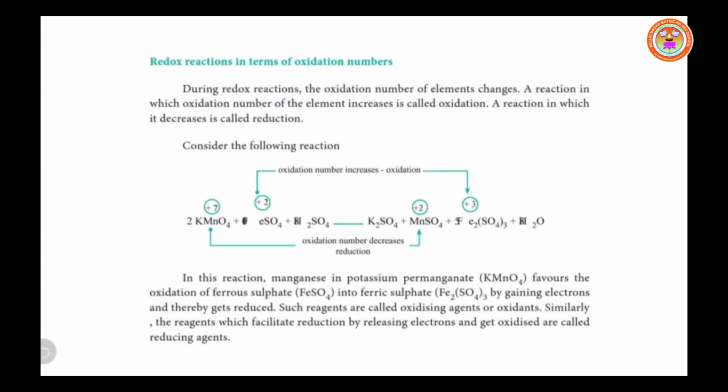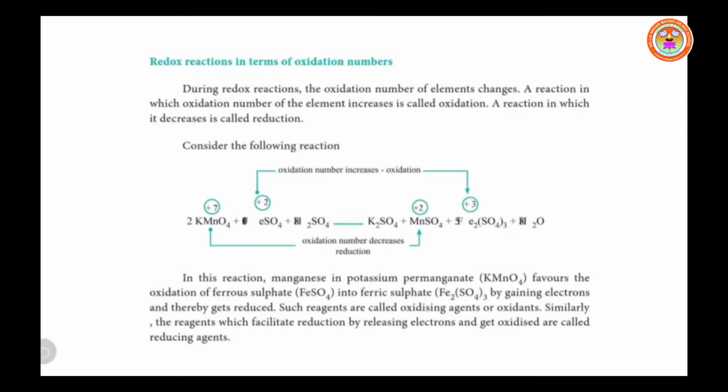A reaction in which the oxidation number of the element increases is called oxidation. A reaction in which the oxidation number of the element decreases is called reduction. Remember, children, during a reduction reaction the oxidation number of the element will decrease.